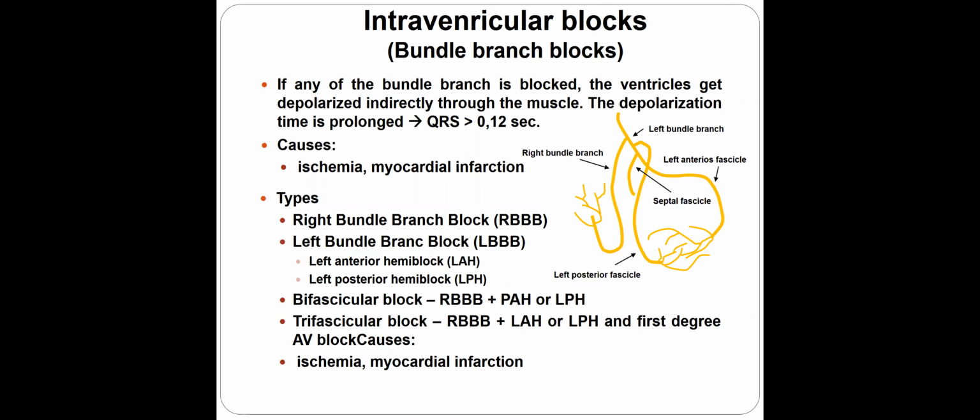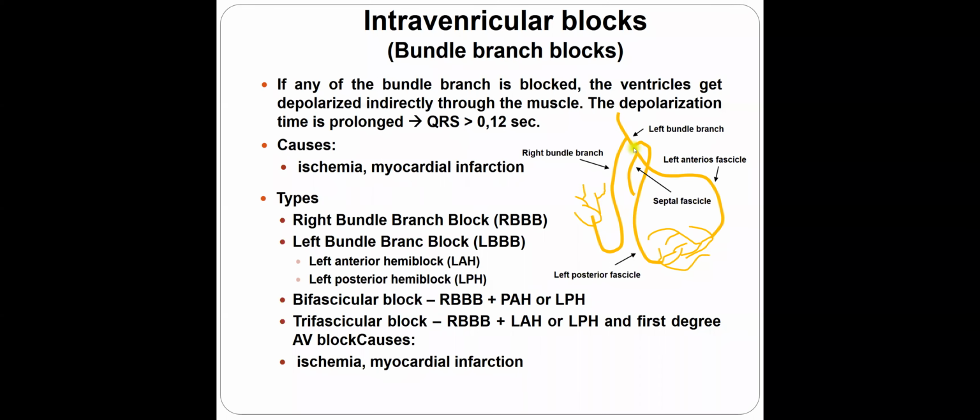Now, let's reach the ventricle. Inside the ventricle, we have bundle branches. If you recall your anatomical study, after the His, it is divided into the right bundle branch and the left one.